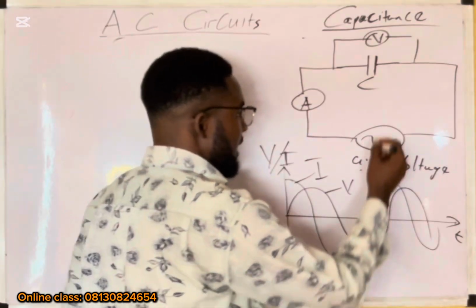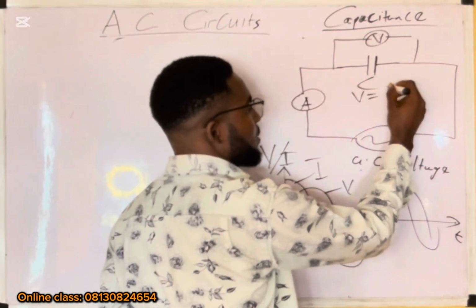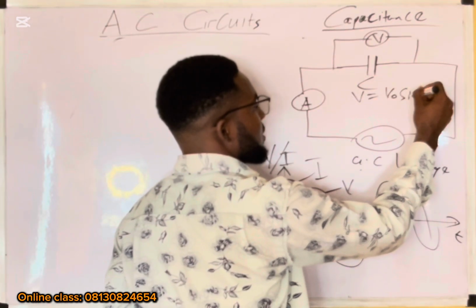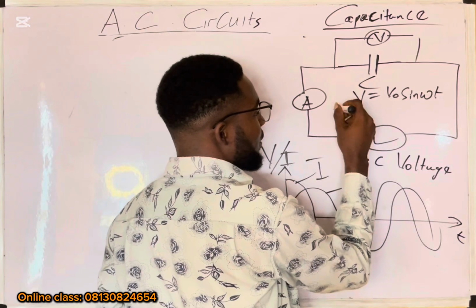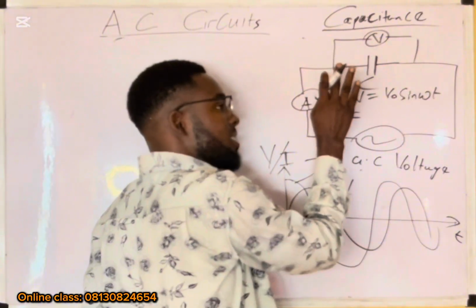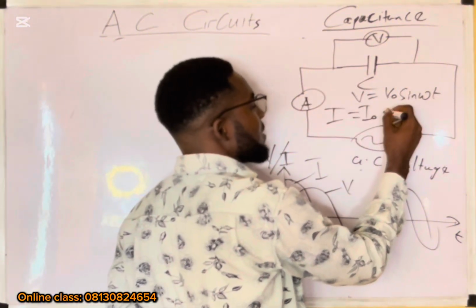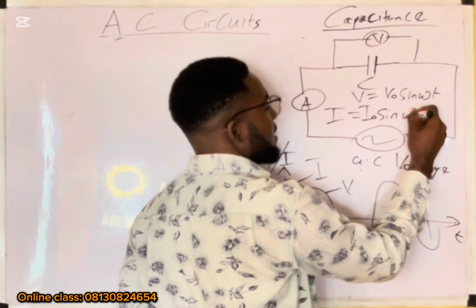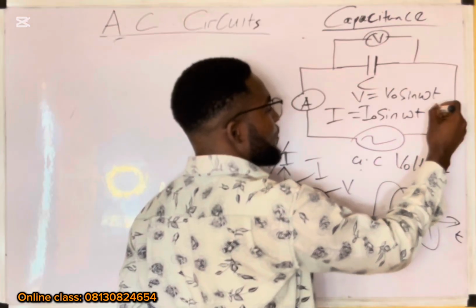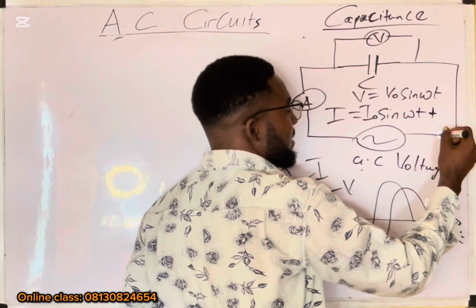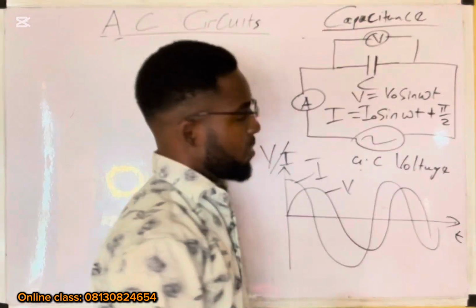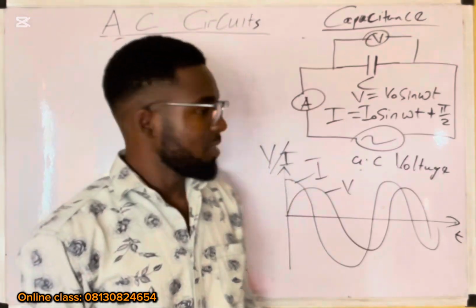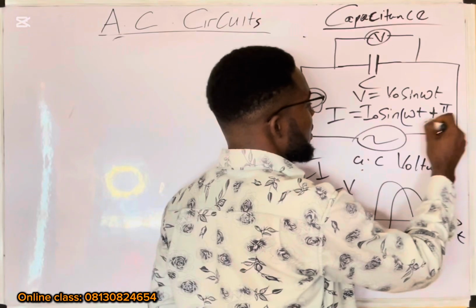So if this is the voltage, V equals V naught sine omega t, where omega t is the phase angle. Now the current will be I naught sine of the phase angle plus 90 degrees. 90 degrees is the same thing as pi over 2, because for angles, pi is 180. So this is for the current.